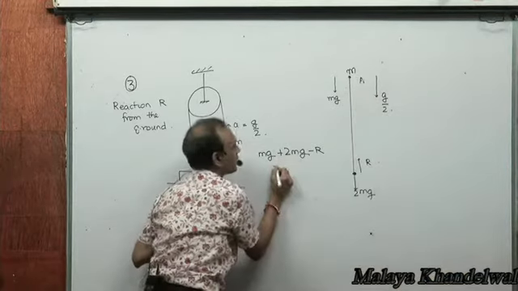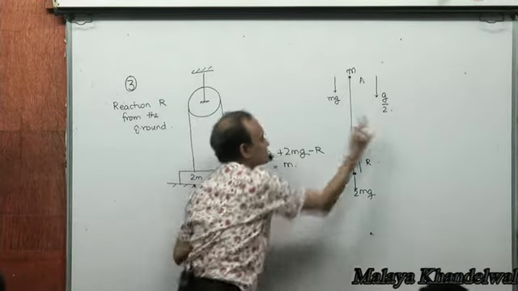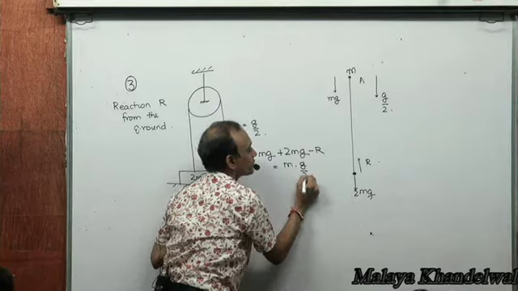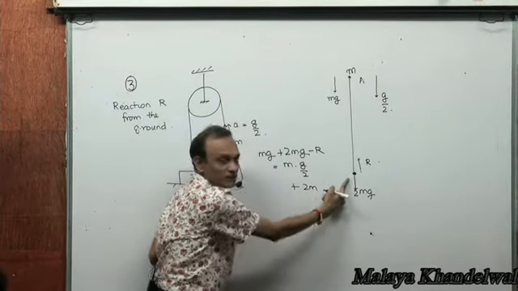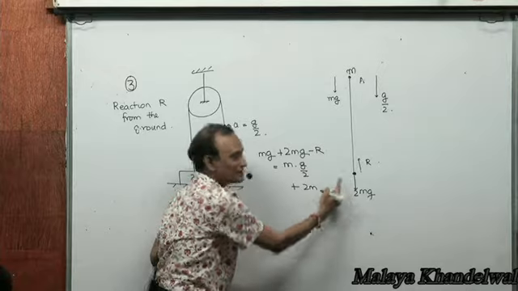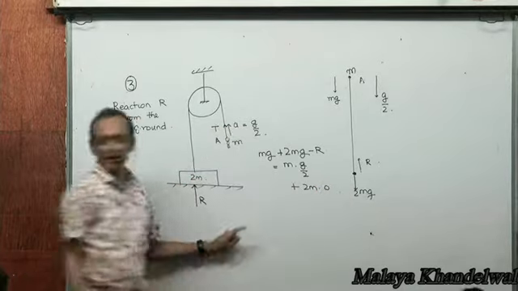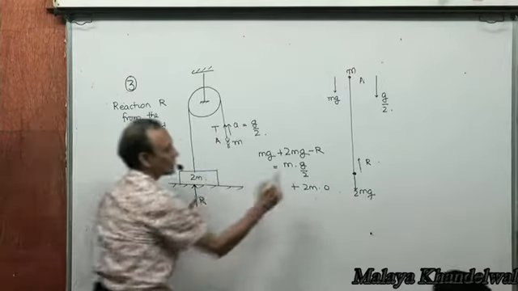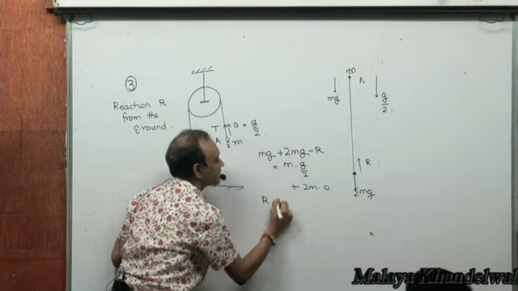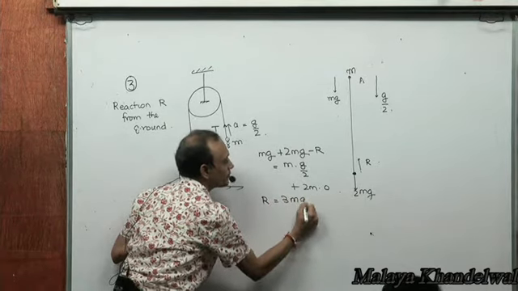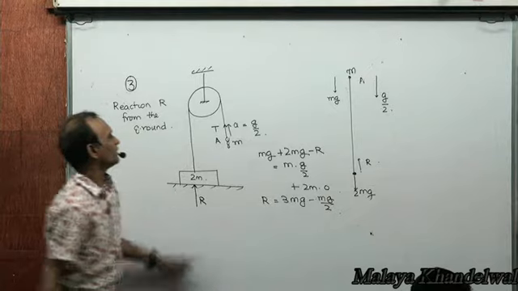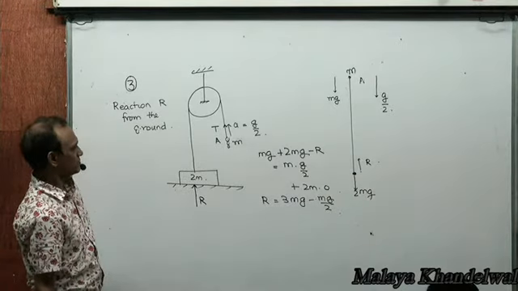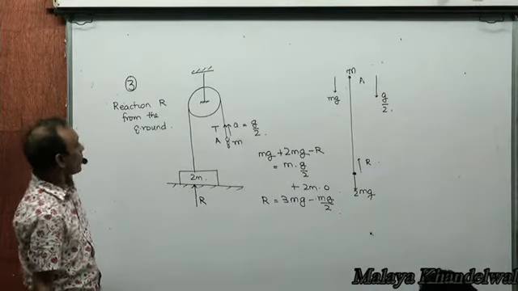What's the mass of this? Small m into what's the acceleration of this? g by 2, plus mass of this, which is 2m, into what's the acceleration of this? 0. Yes or no? So realize that this becomes 0, r then becomes 3mg minus mg by 2. mg plus 2mg. Oh, sorry, I'm so sorry.